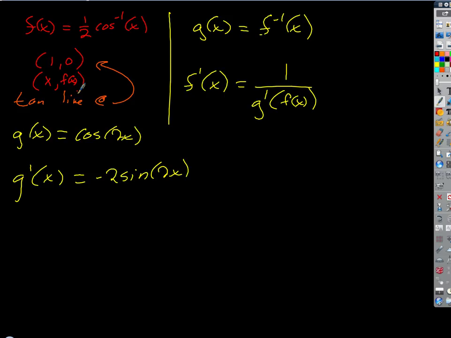So that means that the point 0, 1 must be the point for the inverse function, x, g of x. You see what I'm saying? Whatever the input of the original function is going to be the output of the inverse function. Everybody get that?